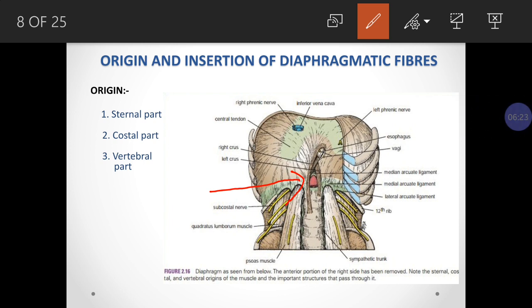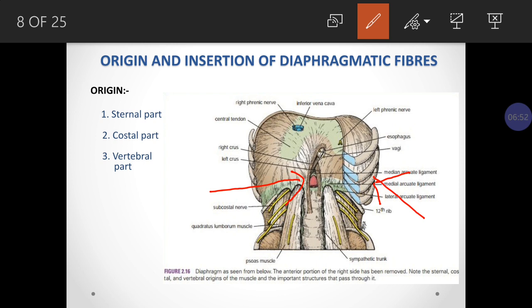So the sternal part of the diaphragm includes those fibers which arise from the back of the xiphisternum part of the sternum, which is the lowermost part of the sternum. You cannot appreciate that part in this diagram. The second part is the costal part, which arises from the lower 6 ribs and the costal cartilages, which is this part.